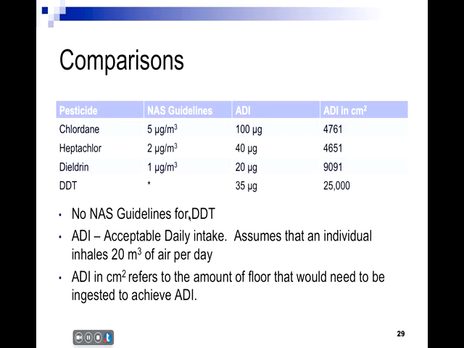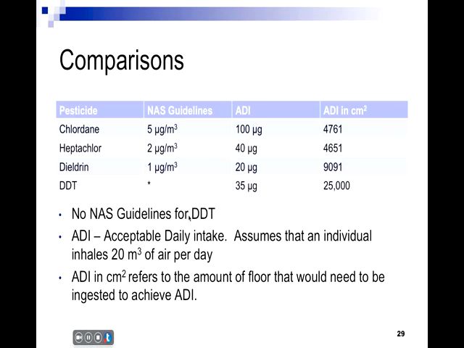And the corresponding step, trying to apply that number of how many micrograms could get inside your body from the NAS guidelines to how much of that material we detected in the floor, would be to determine how many square centimeters of surface area of the floor you would need to absorb to approach the levels that you are allowed to be exposed to by air.